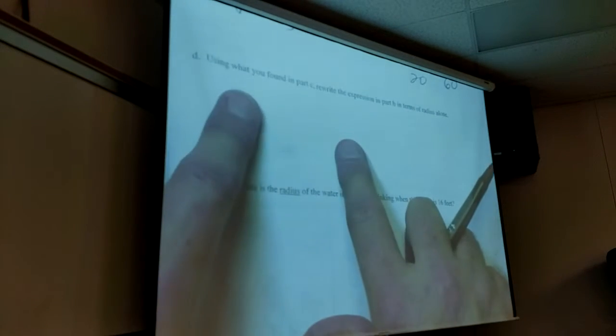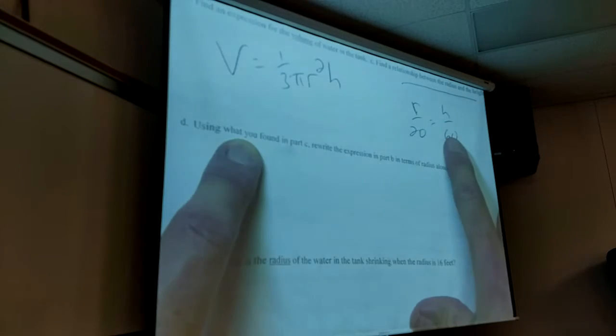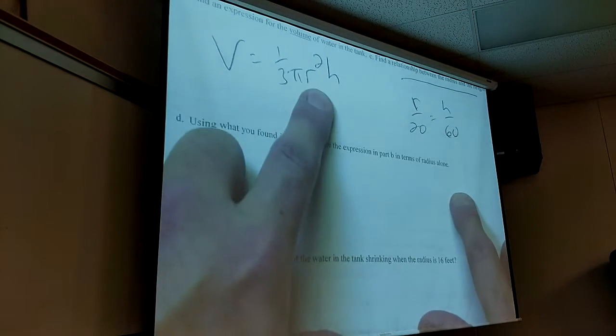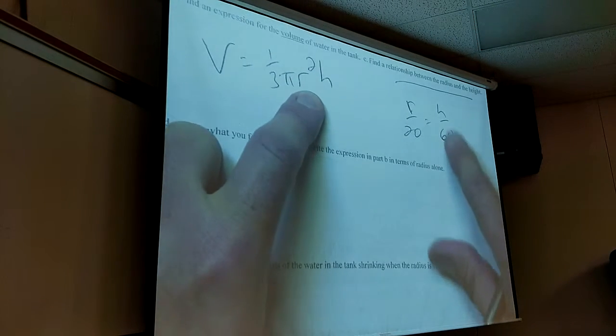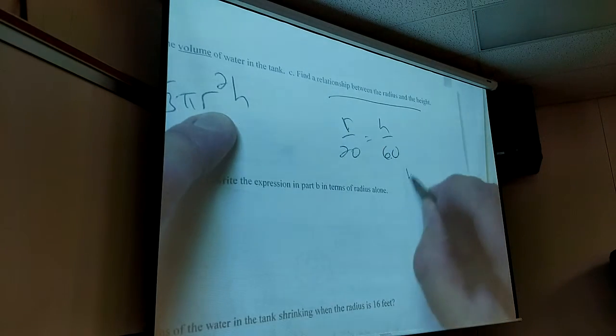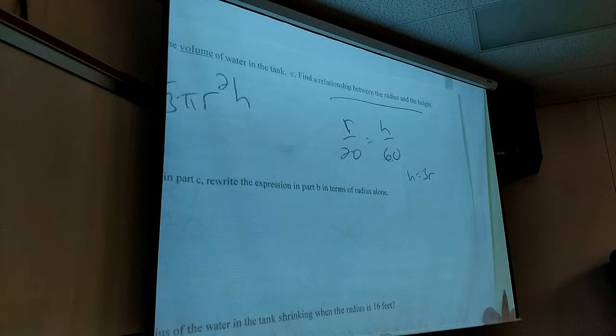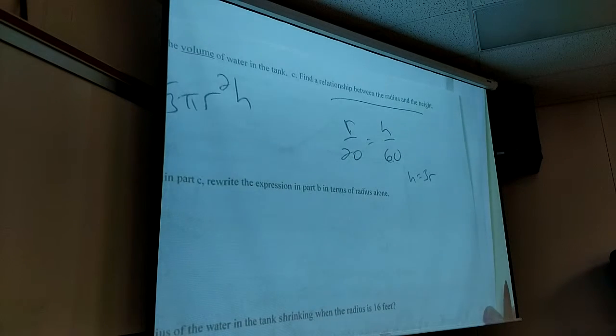Part D, using what you found in Part C, rewrite this in terms of radius alone. So what do I want to solve this for? H. So of course if I multiply by 60, I get h is 3r. Height's always 3 times the radius.